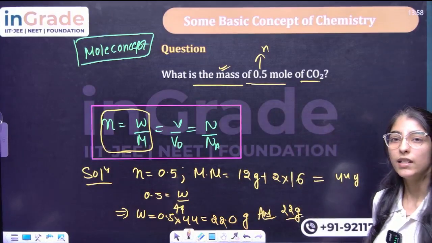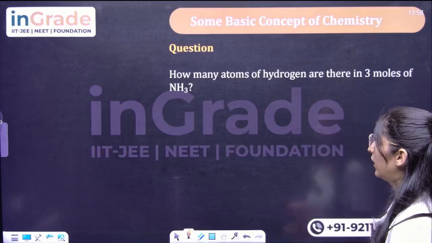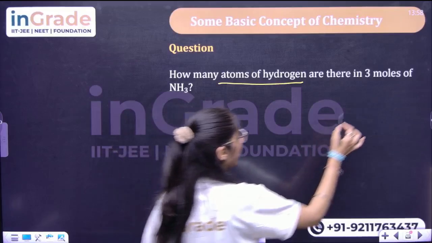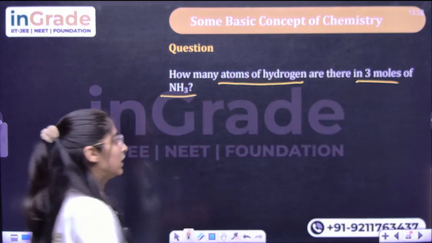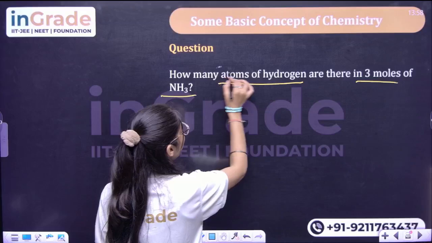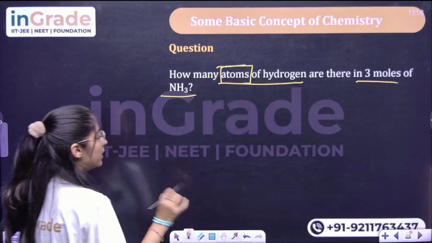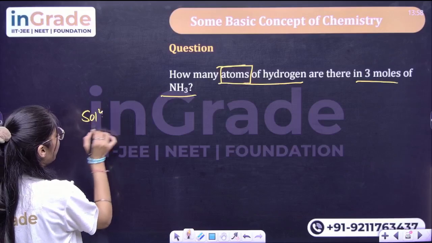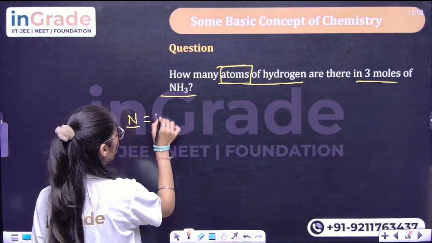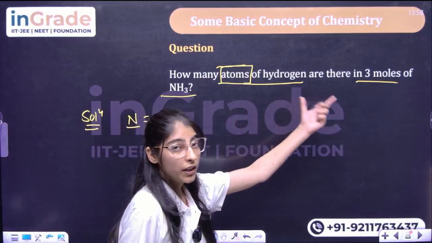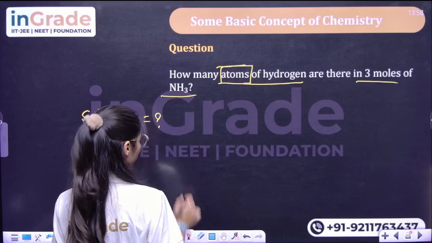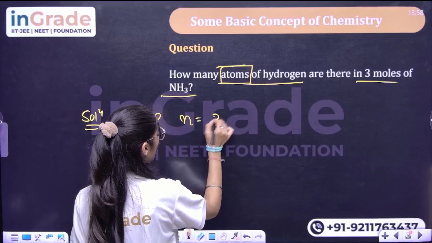Now let's move further and see another question: how many atoms of hydrogen are there in 3 moles of NH3? See, in this question we have to calculate the number of atoms, so we have to find out the value of N. In 3 moles of NH3, the value of n given to us is 3.